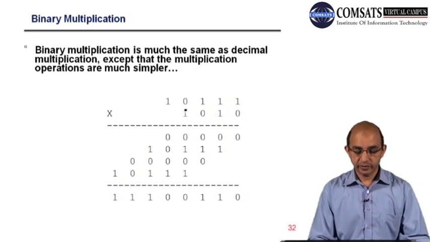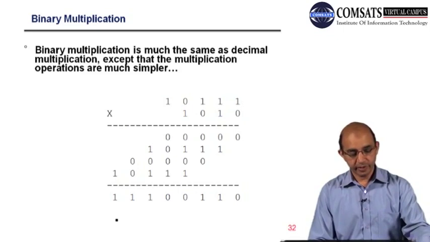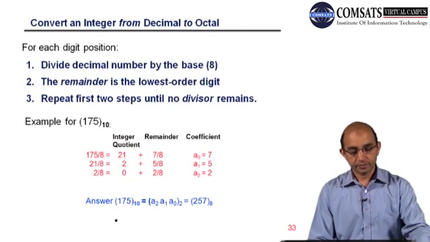So it will repeat, again shift left, and here again shift left, and after that we need to add, with carries. So this is the answer of binary multiplication.